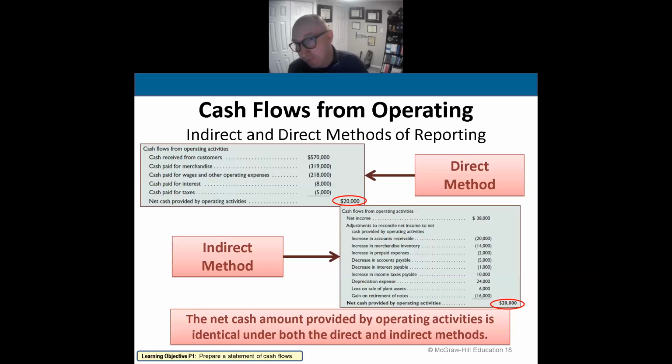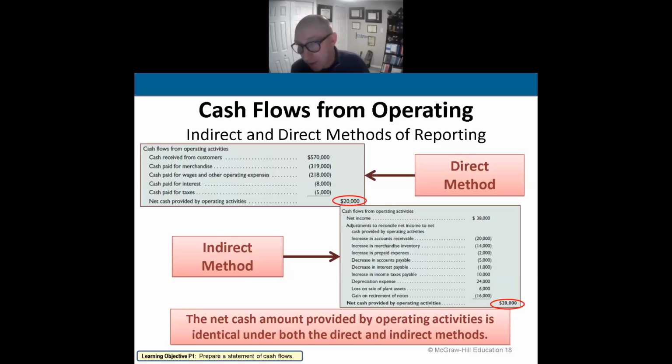The direct method is very straightforward. We follow the transactions that have occurred directly. That's why we call it the direct method. We take cash received from our customers minus cash paid for inventory minus operating expenses minus cash paid for interest minus cash paid for taxes to equal the net cash provided by operating activities.